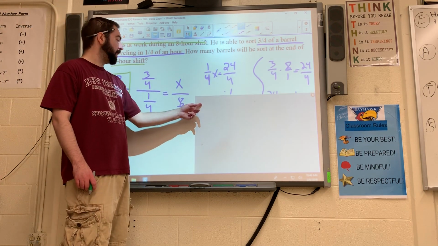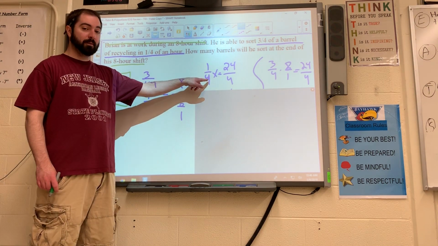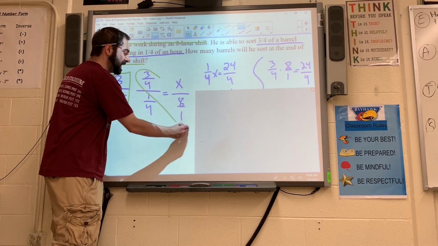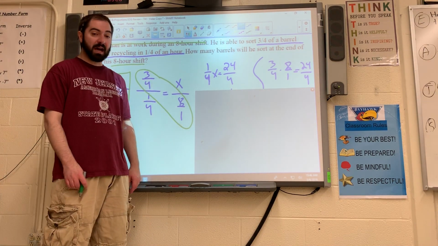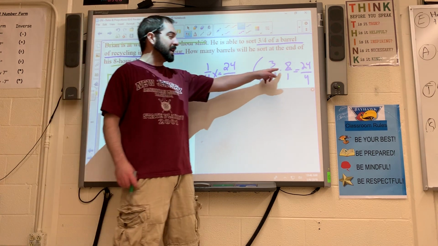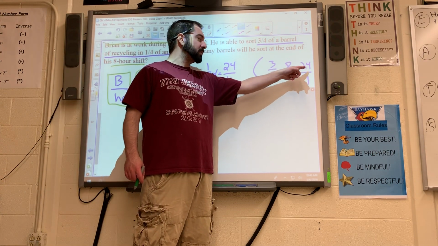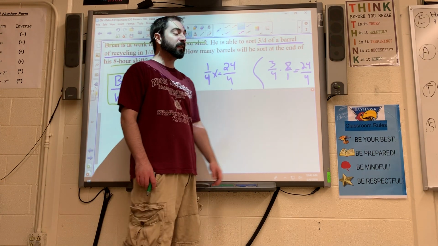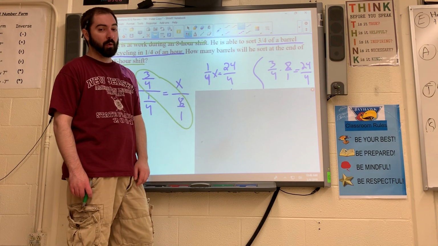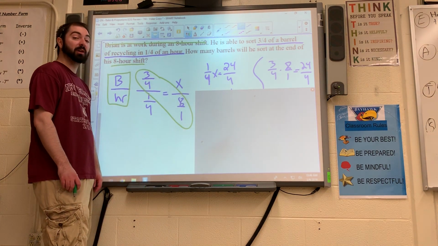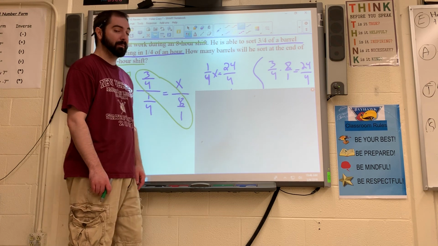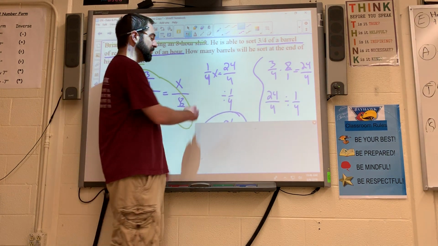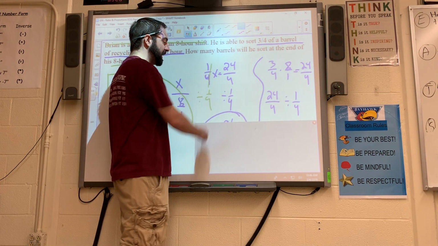From there, cross multiply. 1/4 times x, 1/4 x. This, again, needs to get shown off to the side. So it's 3 over 4 times 8 over 1. 3 times 8, 24. 4 times 1 is 4. That is what 1/4 times x equals. Again, you've got to show that work so that you know how to set up the problem. From there, we're going to divide each side by 1/4. One side cancels out.